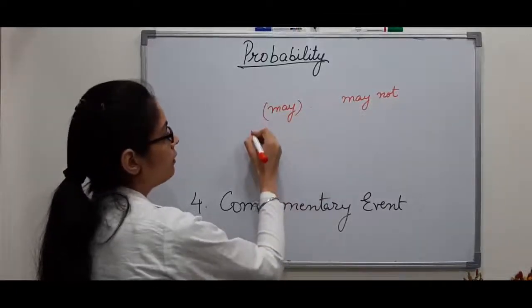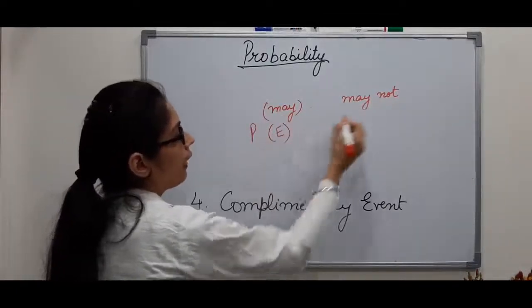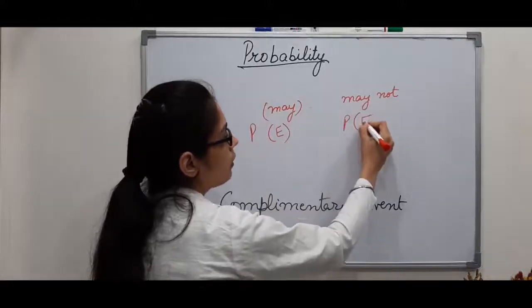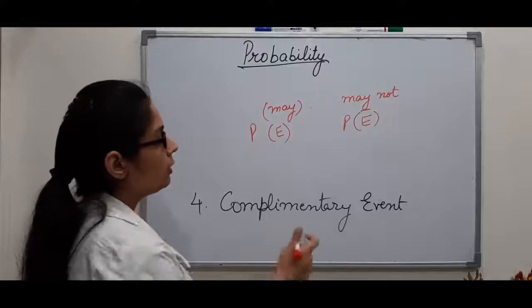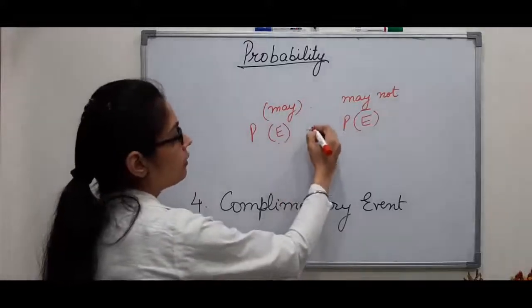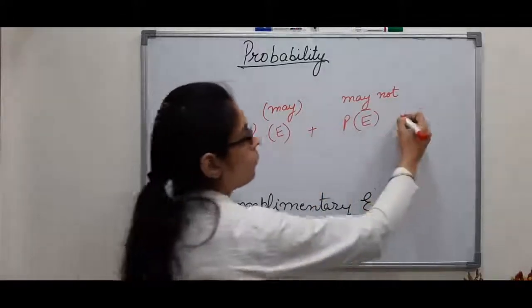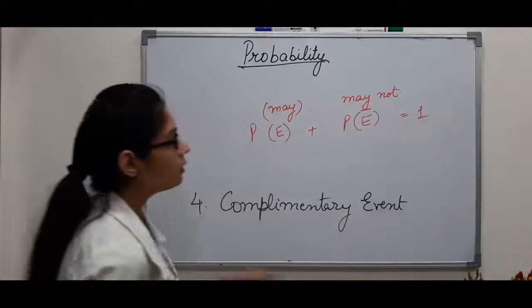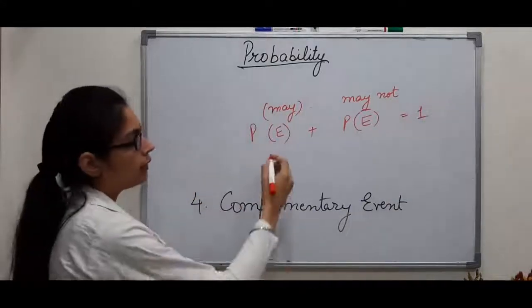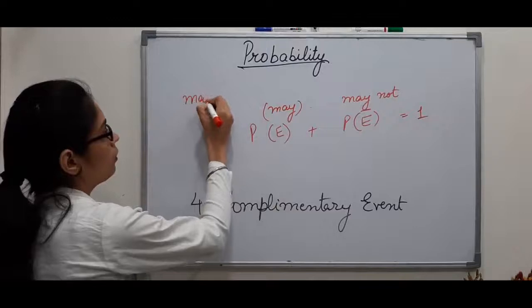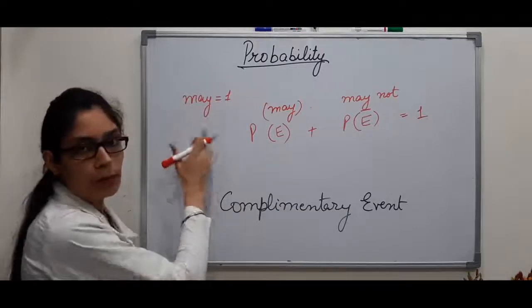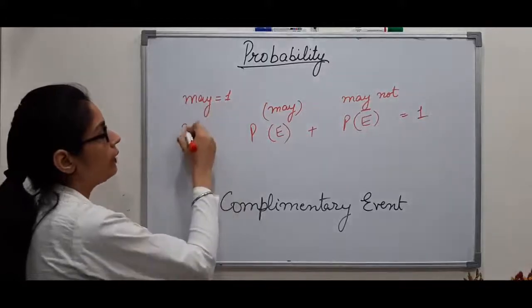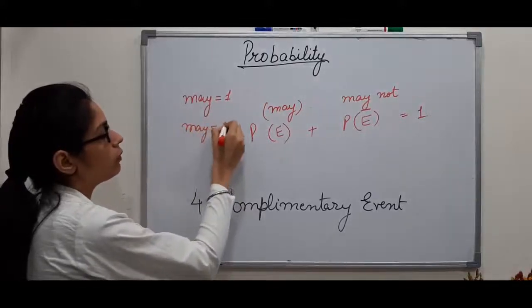One I will write as PE, and one I will write as E not, may not. When I add these two events, I will get 1. Because when I calculate it in my formula, the probability of it may rain today was equal to 1, and it may not rain today was also equal to 1.